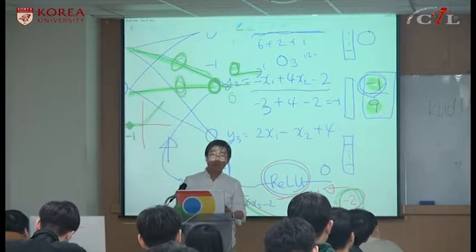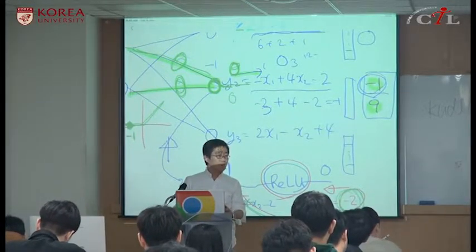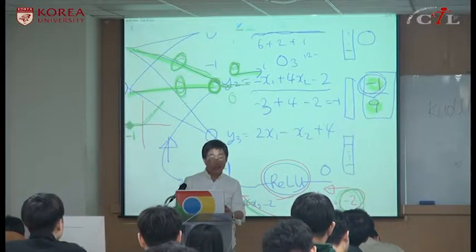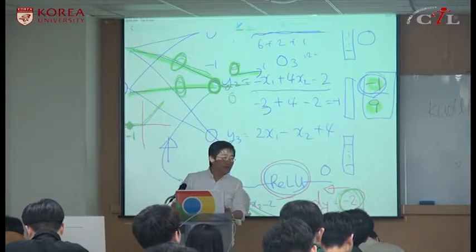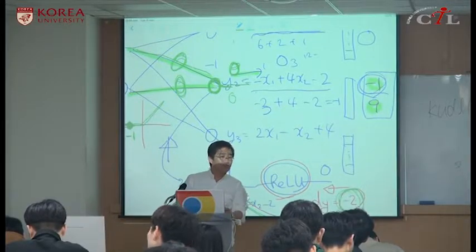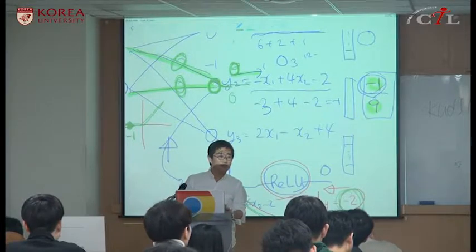Those two edge weights will have no chance to get updated, right? So this is called the dead Relu, because the Relu output is always turned off for each of our training data, right? So that is called the dead Relu.